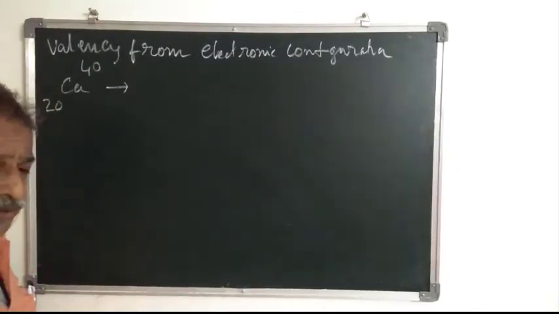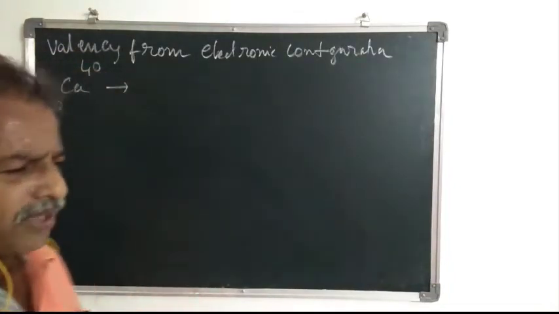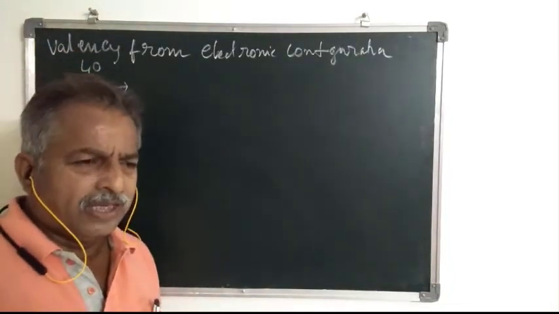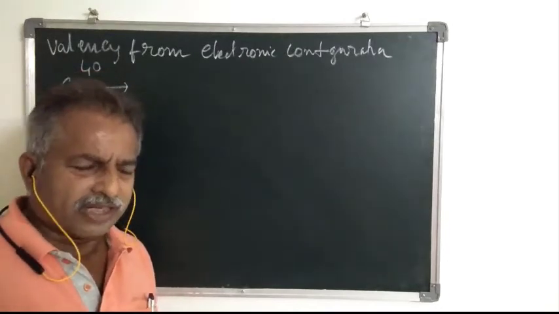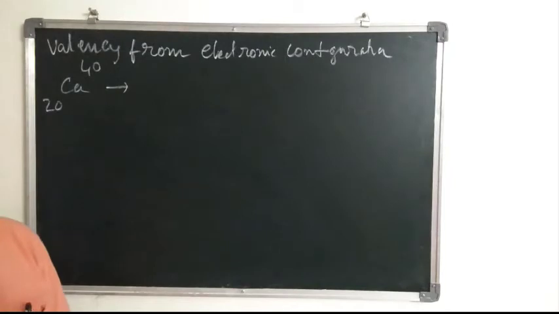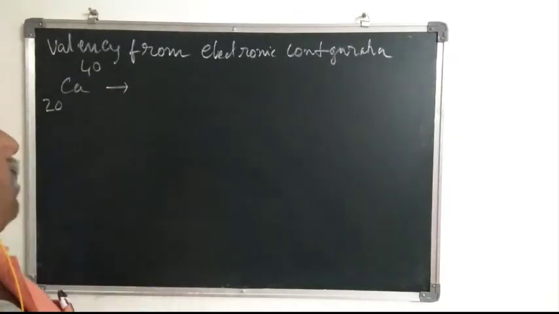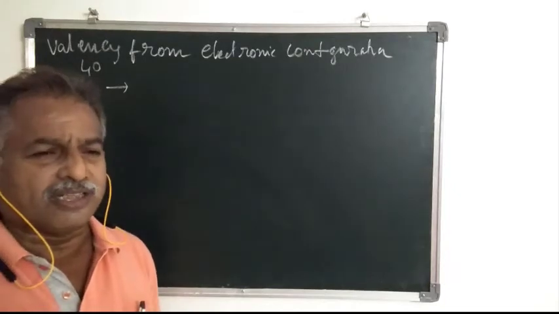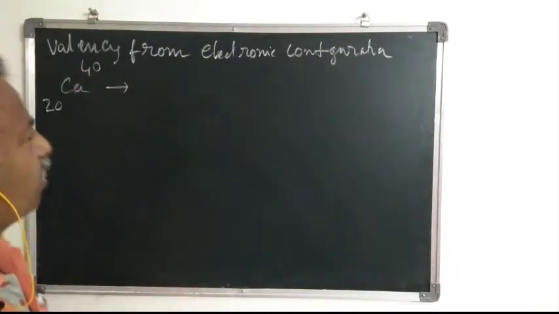Yesterday in the previous module we discussed the rules for filling the electrons in orbits around the nucleus. Each orbit can accommodate a maximum of 2n square electrons. That is the first rule. And the other one is the outermost shell, also referred to as valence shell, can accommodate a maximum of 8 electrons irrespective of the 2n square rule.